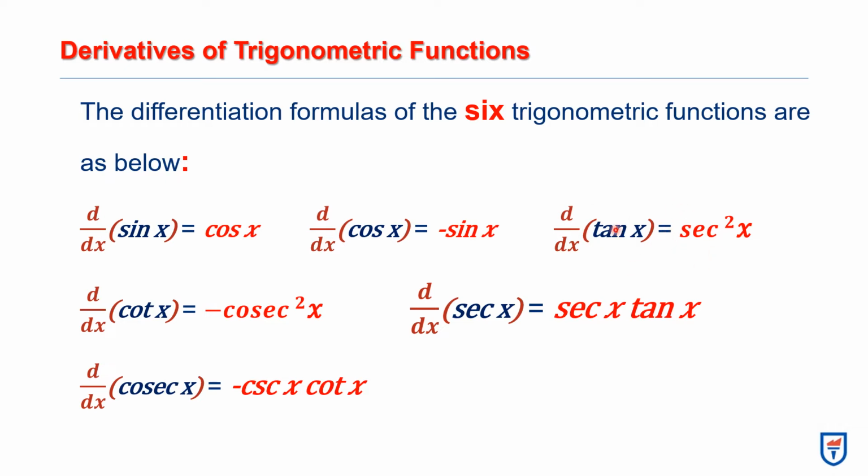And the derivative of tan x is equal to sec squared x, and the derivative of cot x is equal to minus cosec squared x, and the derivative of sec x is equal to sec x tan x, and the derivative of cosec x is equal to minus cosec x cot x. So all other derivative functions will be derived from these 6 main basic trigonometrical functions.